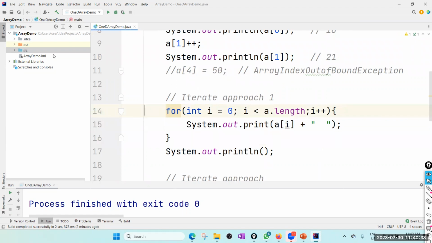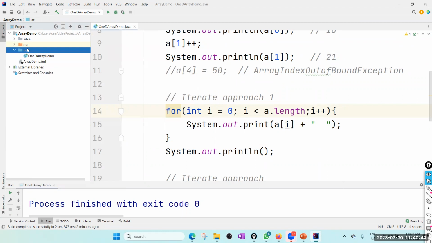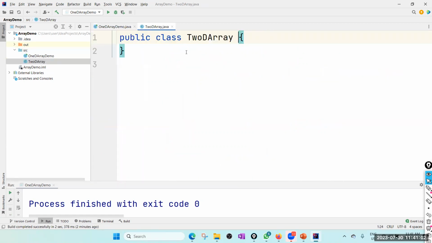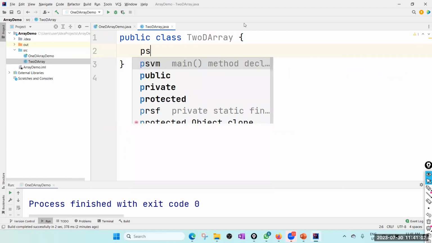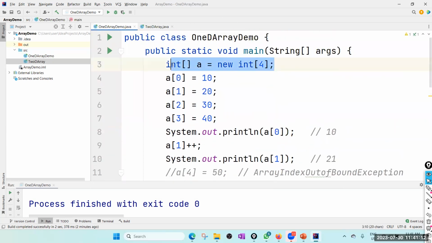We can extend into 2 dimensions and 3 dimensions. Okay, so let's create another class and call it 2D array. So how to create a 2D array? You can use this approach, or you can use the other approach, the curly bracket approach.